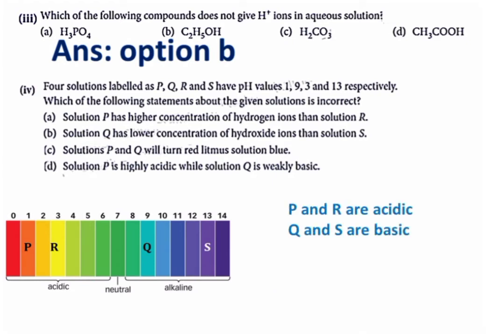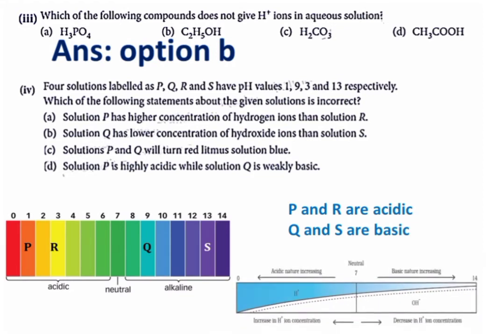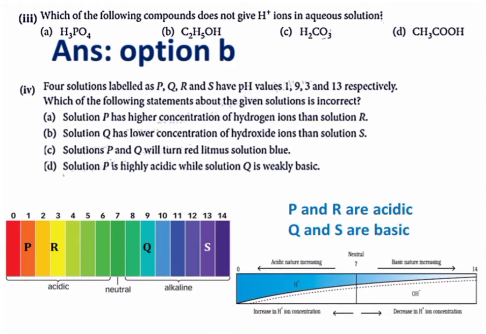Option B, Q has lower concentration of hydroxide ions than S. Again, if you check the values of Q and S, Q has pH value 9, S has pH value 13. So, as the pH value increases, hydroxide ion concentration increases. So, option B is also correct. Option C, P and Q will turn red litmus solution blue.